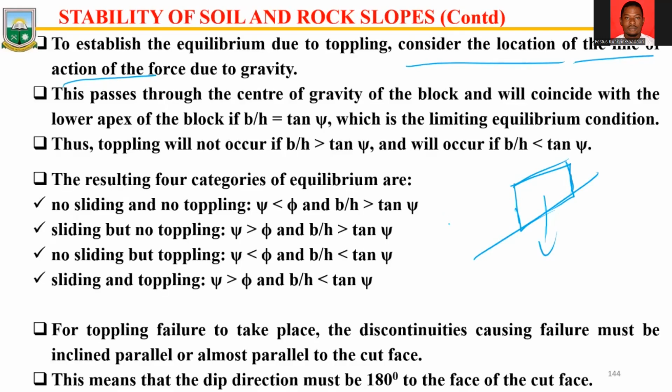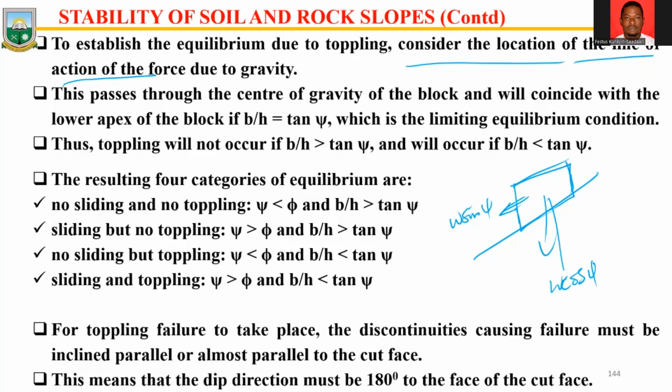And that was used in resolving the W sin phi and the W cos phi that was to occur here. So these two, we need to know the weight of the material.